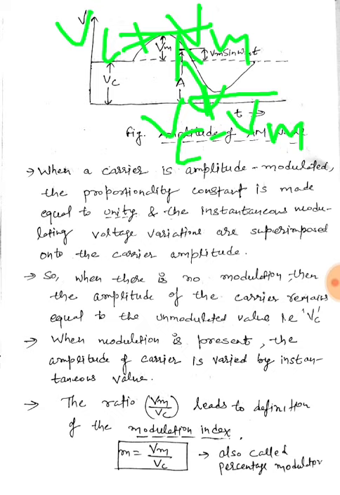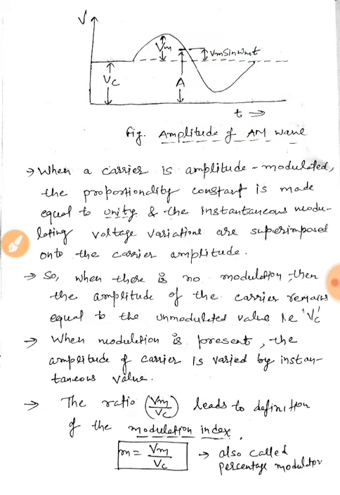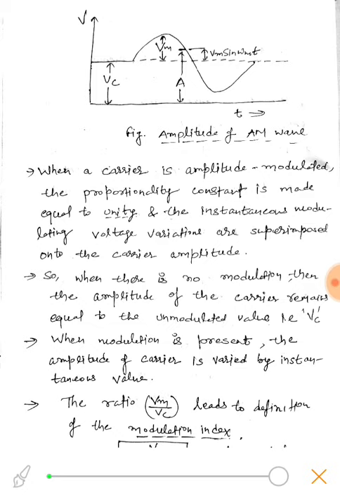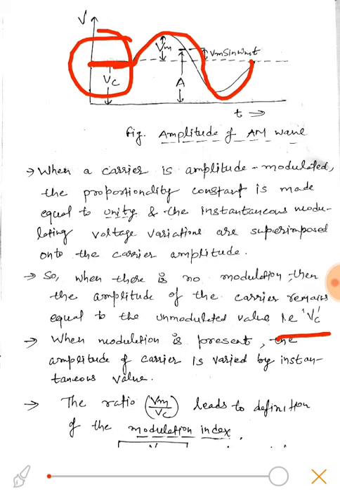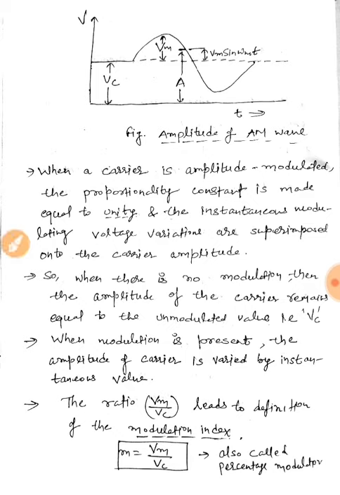If there is no modulation, as you can see in the picture, the amplitude of the carrier remains equal to the unmodulated value, that is Vc. When there is modulation, it will vary according to the message signal Vm sin ωmt. So when modulation is present, the amplitude of the carrier is varied by the instantaneous value.